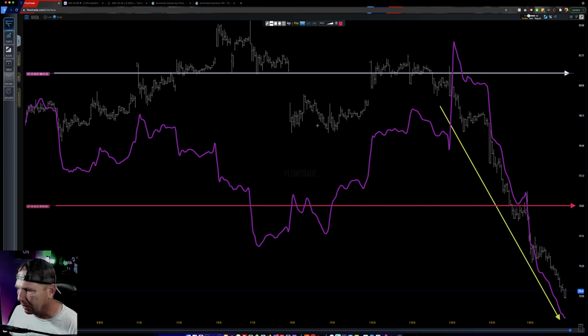We may get a little bit of a curl up over here. This may be a slight curling up, right? But it would be a pretty significant bounce at that point. If we do bounce, we've got a 760 target and then an 810. I don't know if we're going to get to that level before the split. All right, that was NVIDIA.